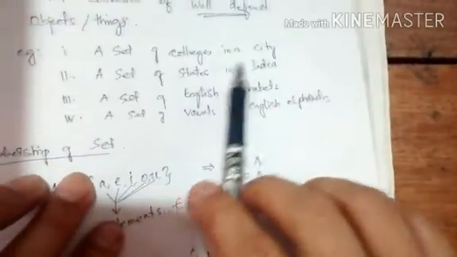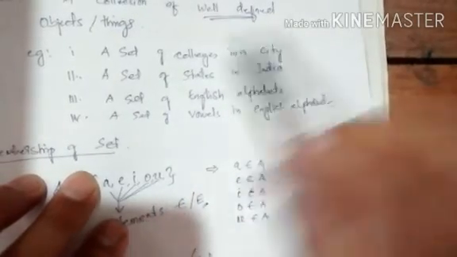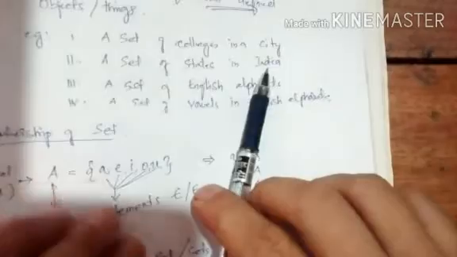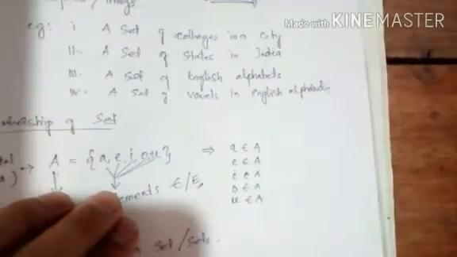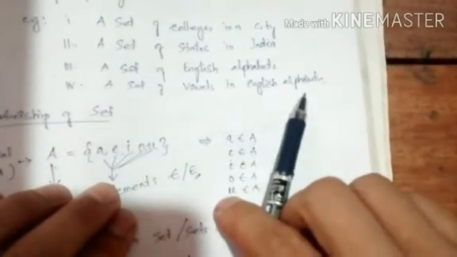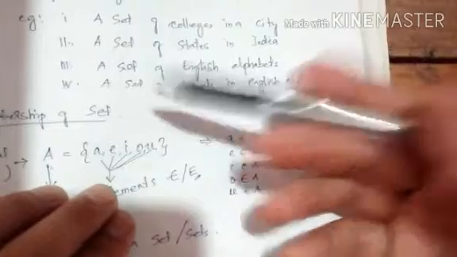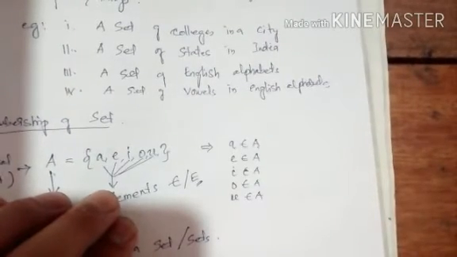Example, a set of colleges in a city. So you are expecting only colleges to be in the set, so it's distinct. A set of states in India, so you are expecting only the states in India. A set of English alphabets, no numbers, just the alphabets. A set of vowels in the English alphabet. So when we say this, it gives us a mental picture to understand what is going to be in the set already.